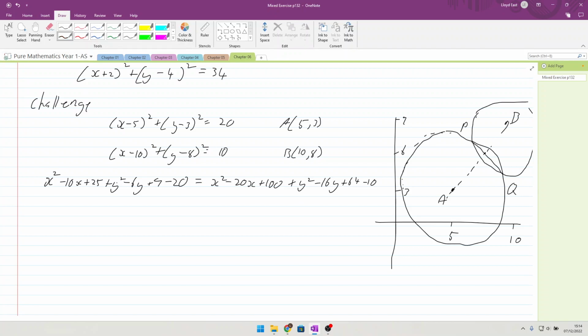As I start simplifying this down, my x squareds on both sides will cancel, my y squareds on both sides will cancel. On the left hand side I've got minus 10x and a minus 20x on this side. So when I bring it across, it'll be a plus 20x, meaning I've only got 10x. Okay, so that's this one dealt with.